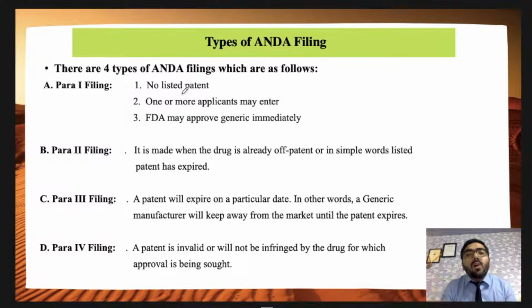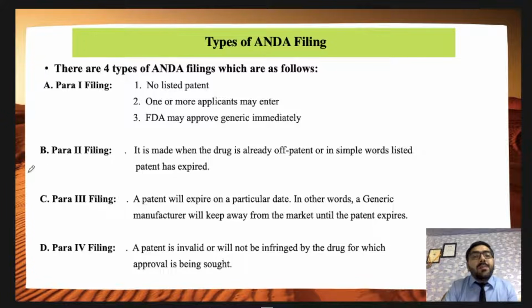Then we will file an ANDA using para 1 filing. In para 1 filing, one or more applicants may enter, and the FDA may approve the generic immediately.